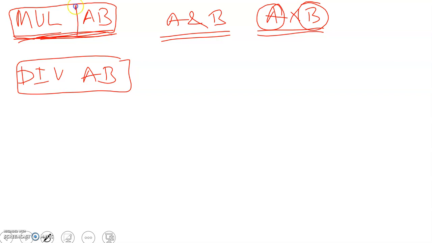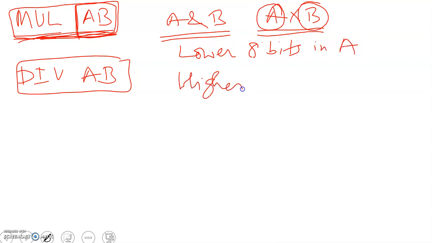So the lower 8 bits of the multiplication will be saved in A, and the higher 8 bits in B. Okay, it's as simple as that.